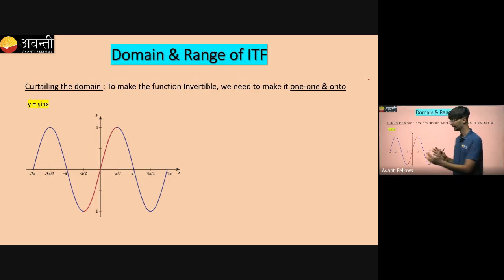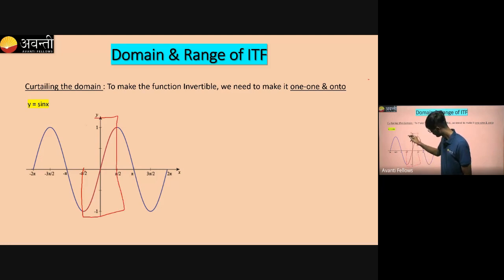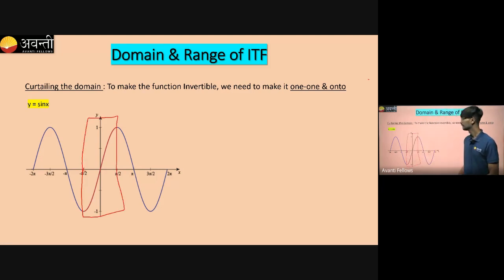So what we did, from this much domain, we restricted the domain of sin x from minus pi by 2 to pi by 2. You can see the red graph. So we restricted the domain. That means we restricted the graph from minus pi by 2 to pi by 2.